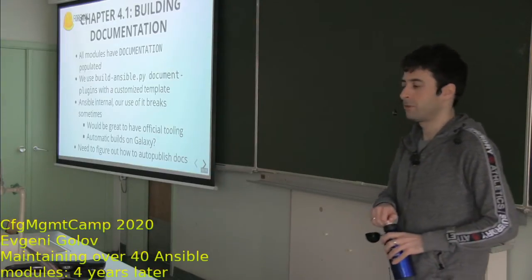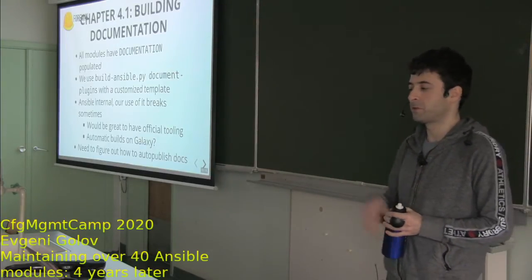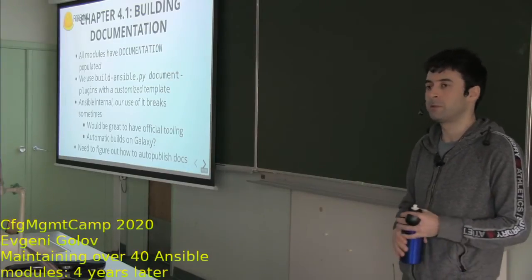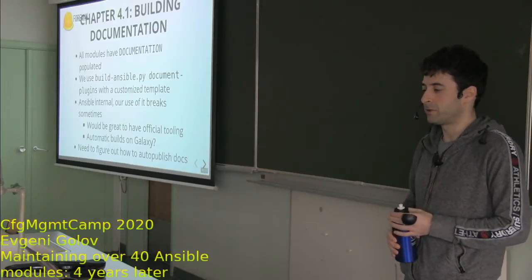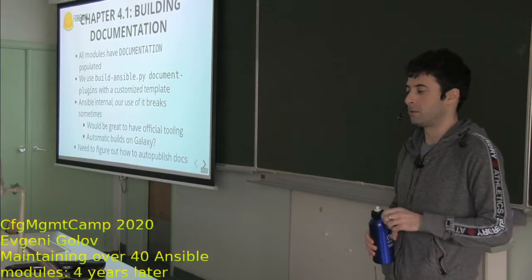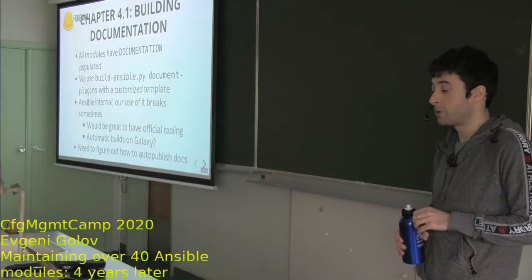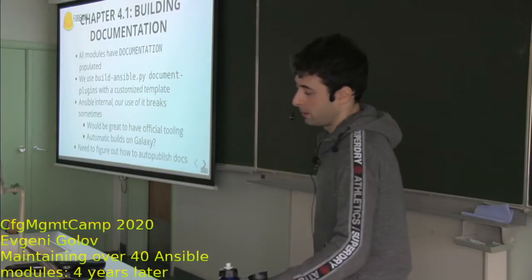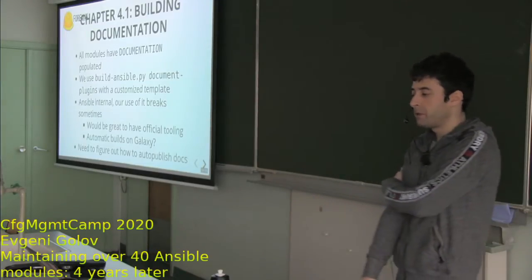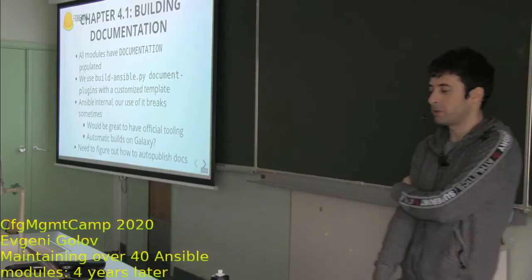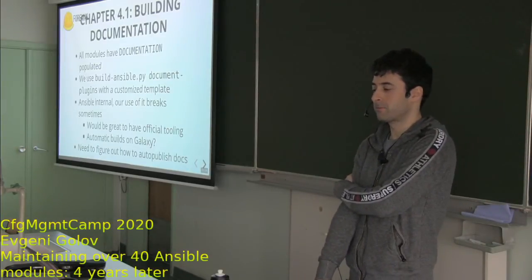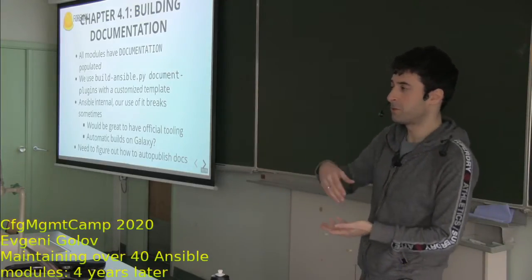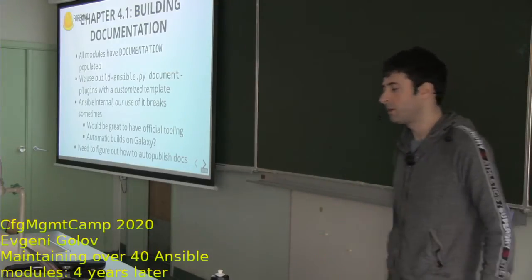If you have ever written modules yourself, you know the documentation stanza in the module itself, which is a pretty longish YAML usually, detailing all the parameters and explaining how to use them. And we publish built documentation on our homepage for everybody to see, because not everybody wants to download the modules and then run ansible-doc on them.